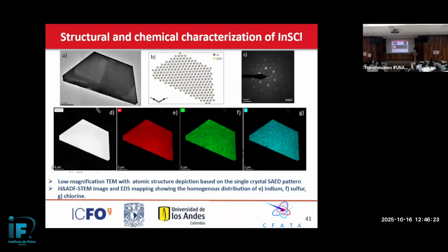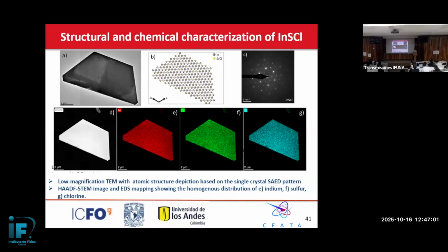Yeah, good. Yes, we have to index this stuff, so each plane needs to be indexed. We are working on it. For the moment, you can see this is a hexagonal structure, mostly a 3R kind of spatial distribution. But are they layered? Yes, they are. We can also exfoliate using Scotch tape.